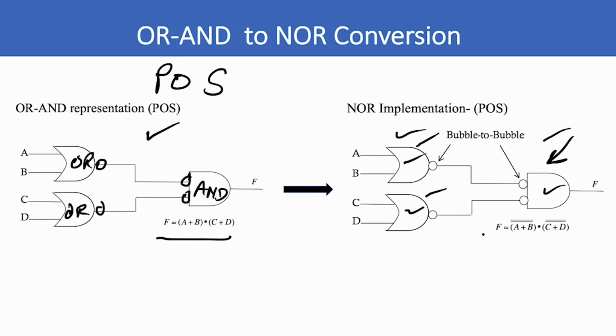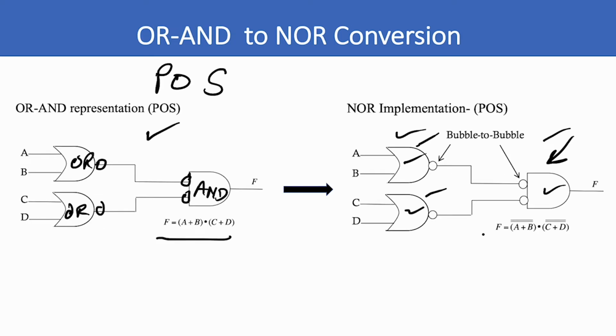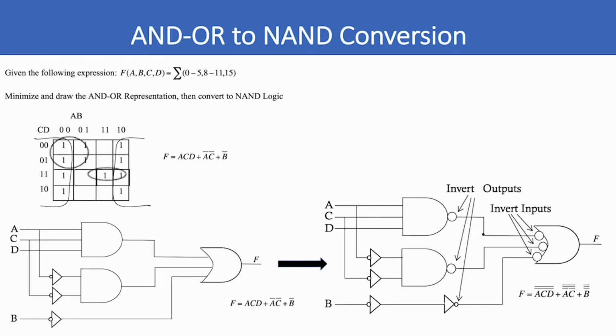For the OR AND POS implementation, all we had to do was replace the OR AND gates with all NOR gates, and we get the same implementation with fewer output gates. So bottom line is you can implement a function with the ones of the function in the SOP form using only NAND gates, or you can implement it using the POS, mapping the zeros of the function, using only NOR gates.